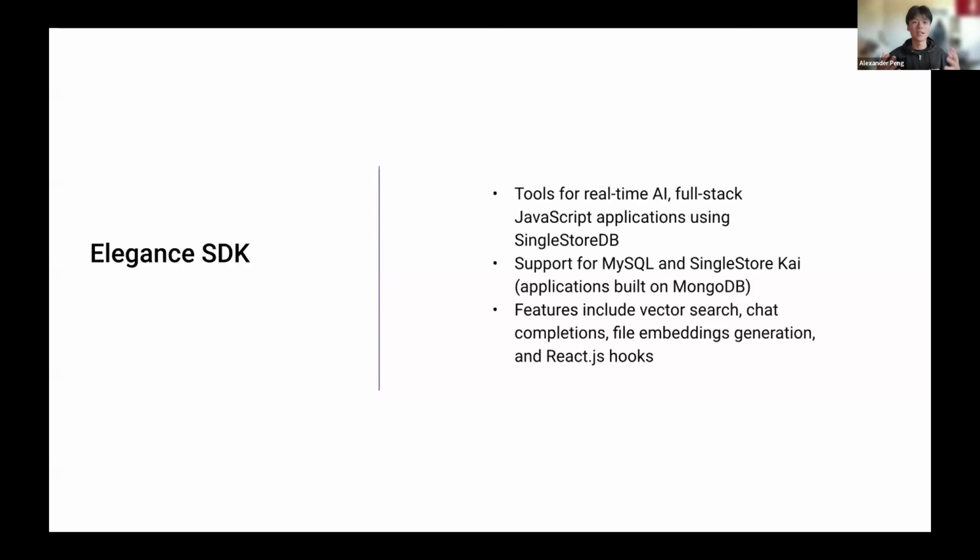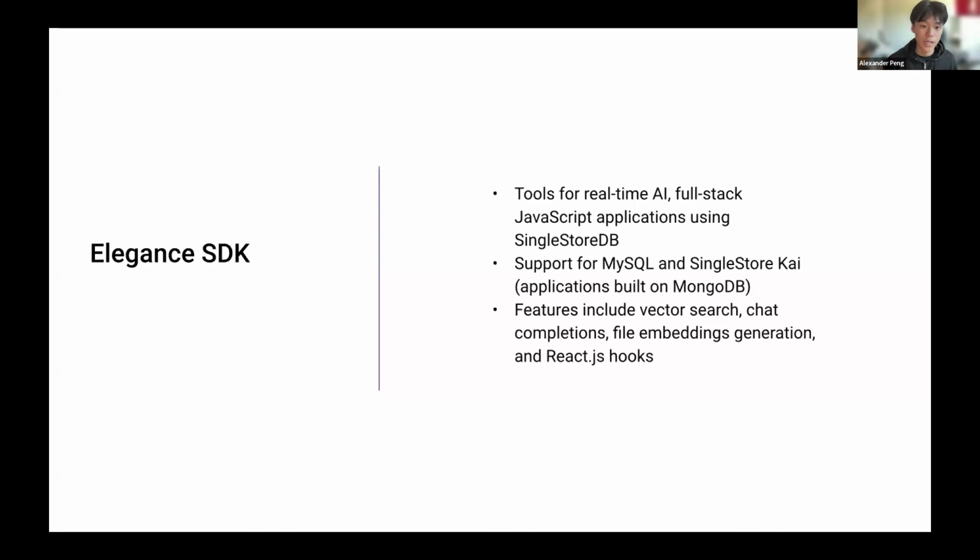So Elegance includes support for MySQL and SingleStore Kai, which is the way that SingleStore is able to interface with applications built on top of MongoDB. It provides a bunch of abstractions for vector search, chat completions, and file embedding generation that traditionally you'd have to write yourself in raw SQL code.